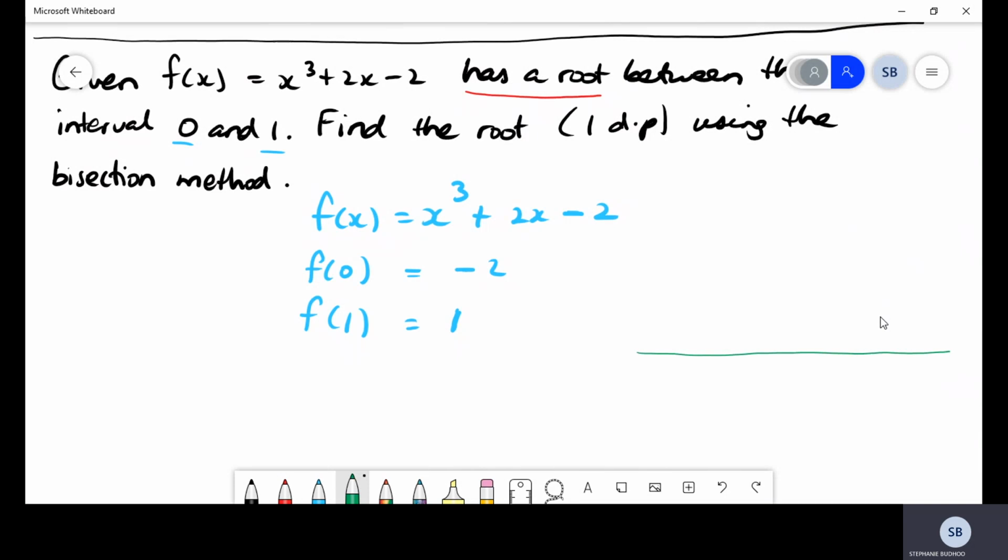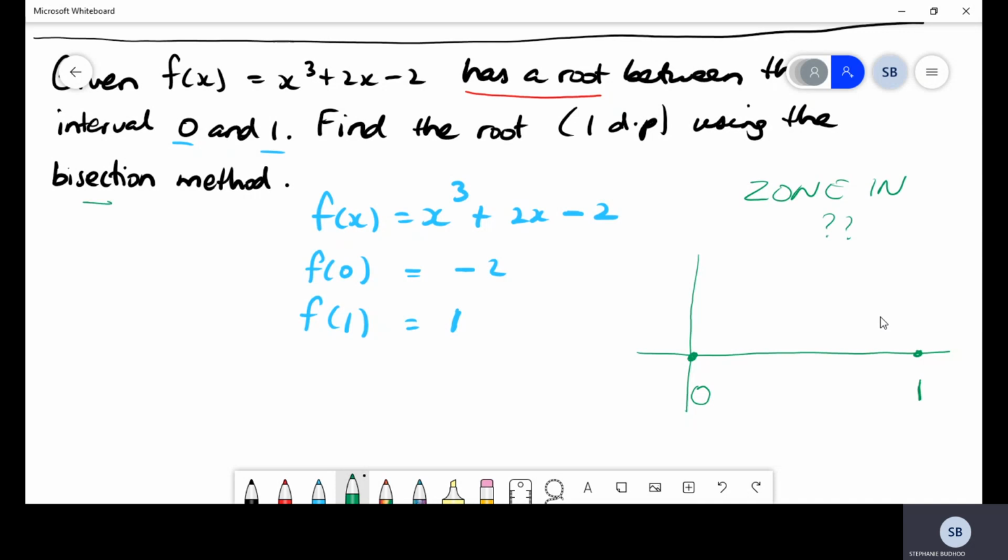Now, essentially, this is what your graph will look like. And we have our interval values that are being tested, 0, and we have 1. So there exists a root between these two values due to the change of sign. But how do we exactly zone in onto the actual value of that root?